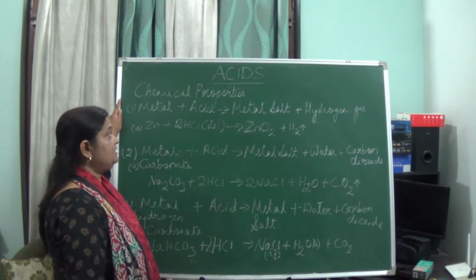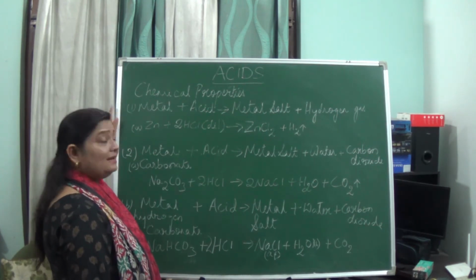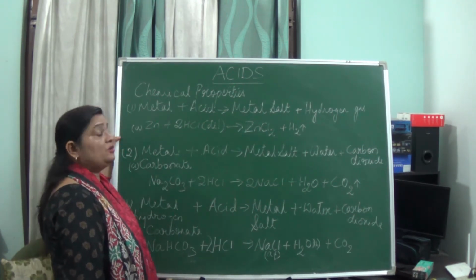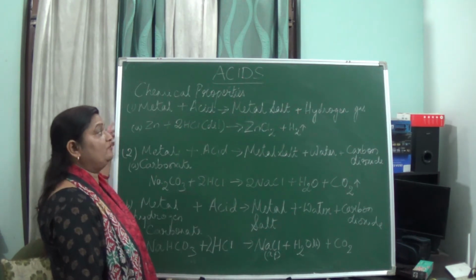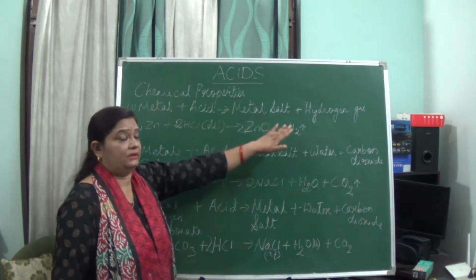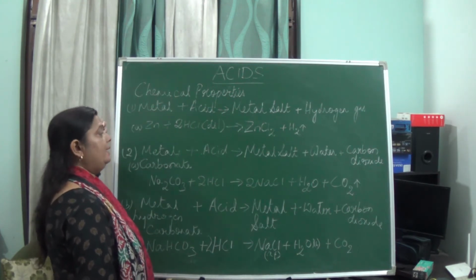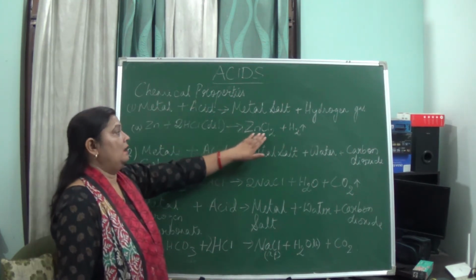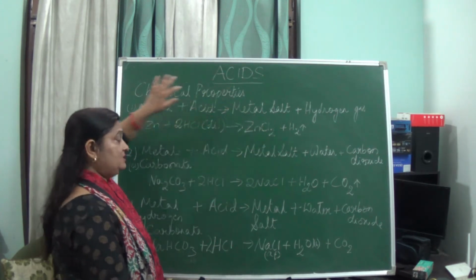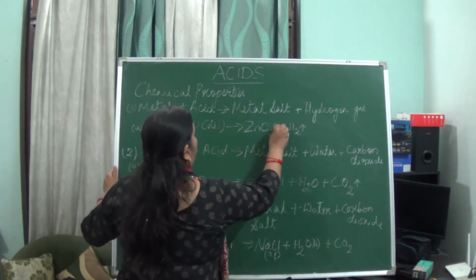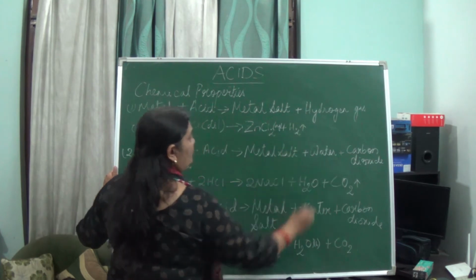So first is how metal reacts with an acid. Whenever a metal reacts with acid, it forms metal salt and hydrogen gas. One example I have given you, zinc plus HCl. It gives what? Zinc chloride plus H2. This zinc chloride will be in aqueous form, and this will be in gaseous form.